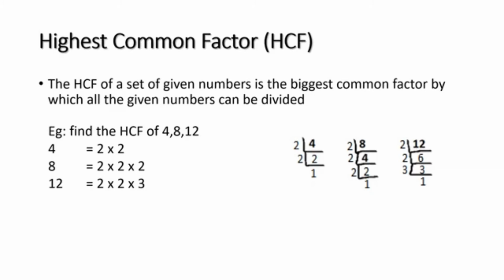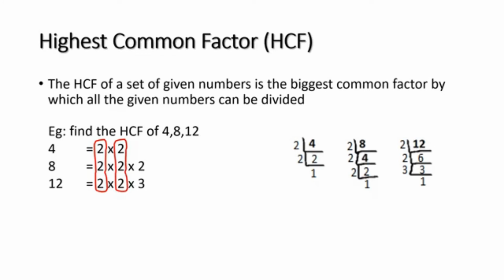So then our next step is to find out the common prime factors for these three numbers. Now you can see 2 is common in all the three. So let me circle it like that, and another 2 is common in all the three numbers. So I can circle it another time like this.